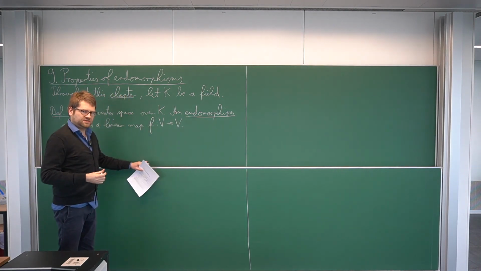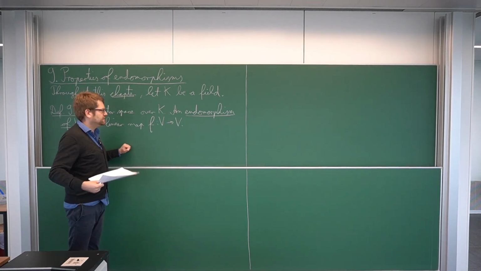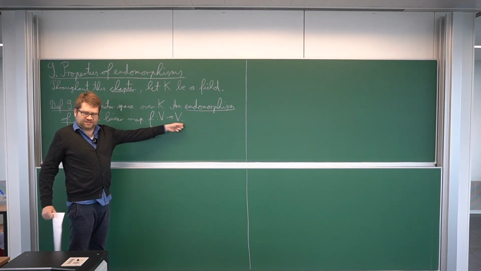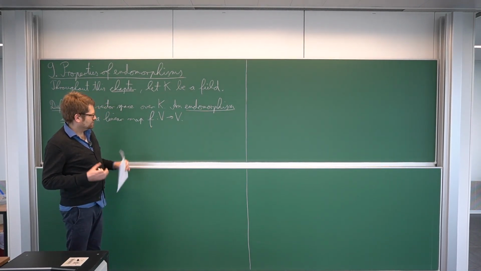So a homomorphism, this is what we alternatively call linear maps, for which domain and codomain are just the same space. That's everything. So this is just an endomorphism.